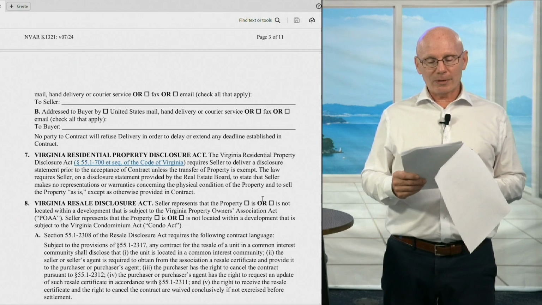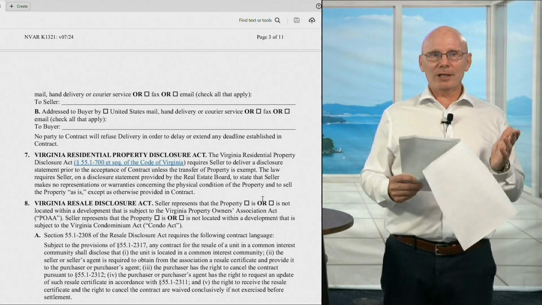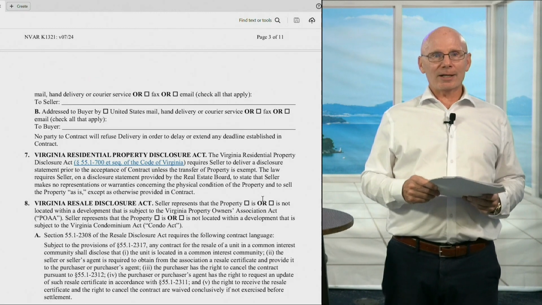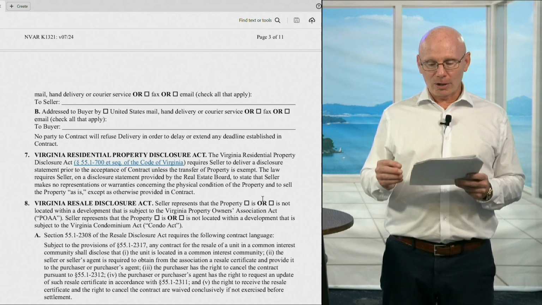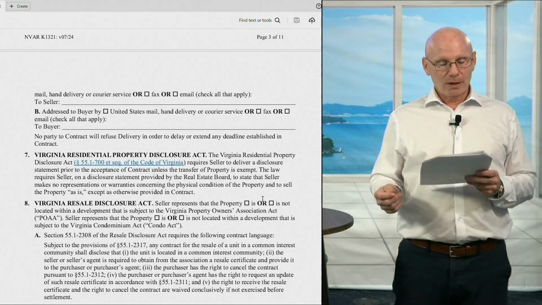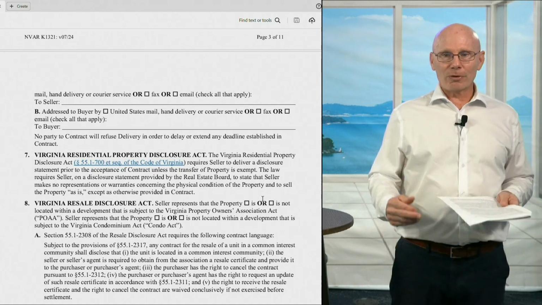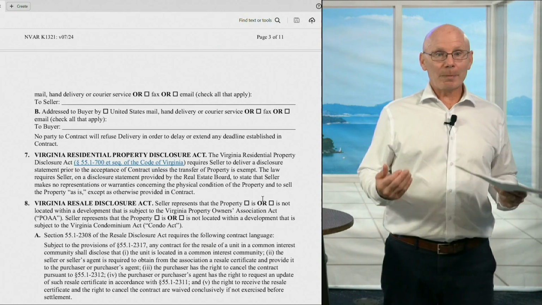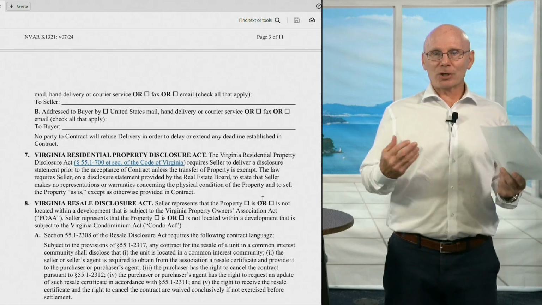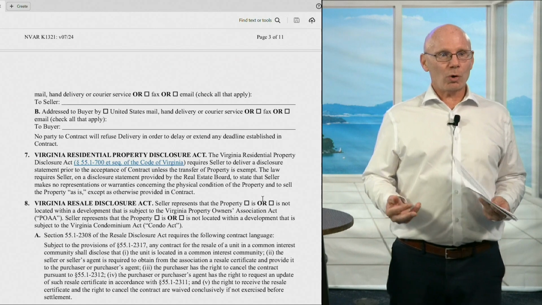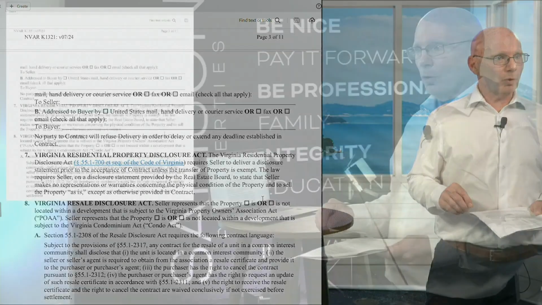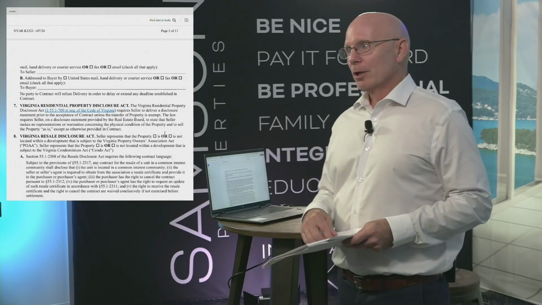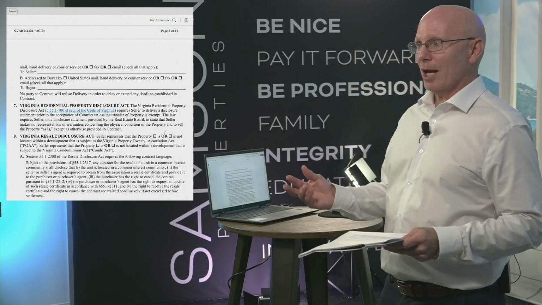So however you want that, whether that's you personally as your email address, or you want you and your client's email addresses in here, and you want that information emailed back and forth, I've seen it several different ways. Me personally, I'm a control freak, so I like to be in control. So I put my email address only because I don't want communications going to the buyer directly or the seller, right?